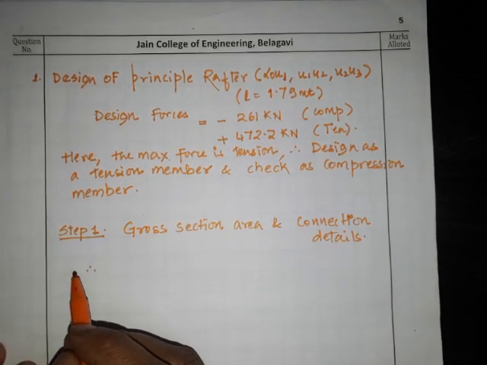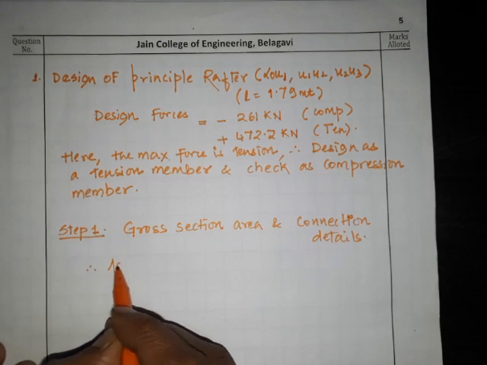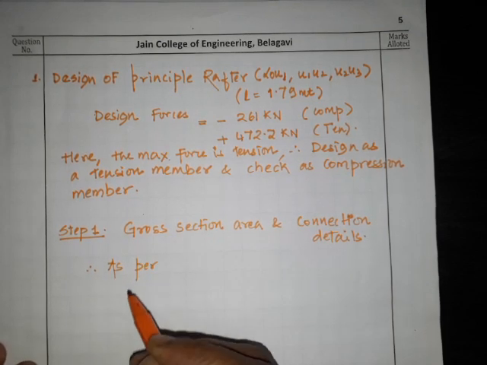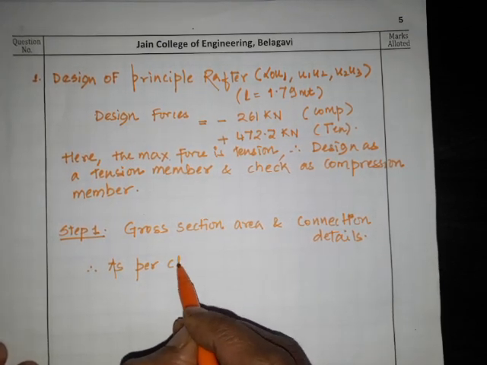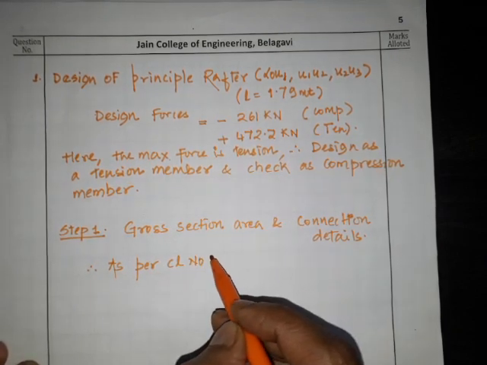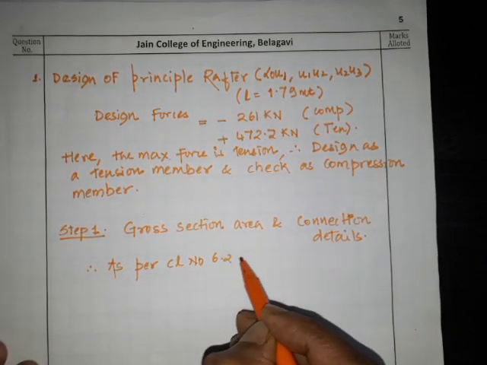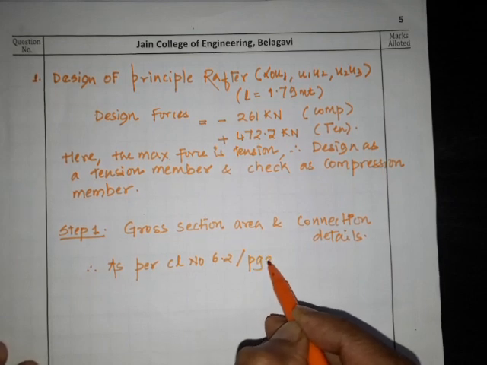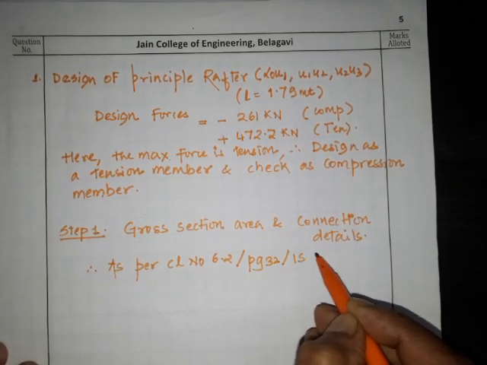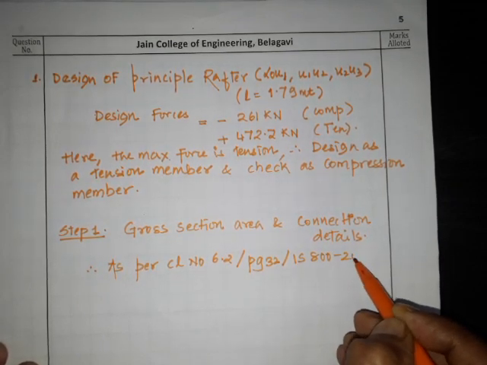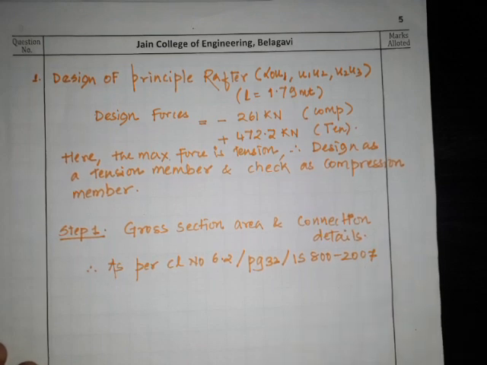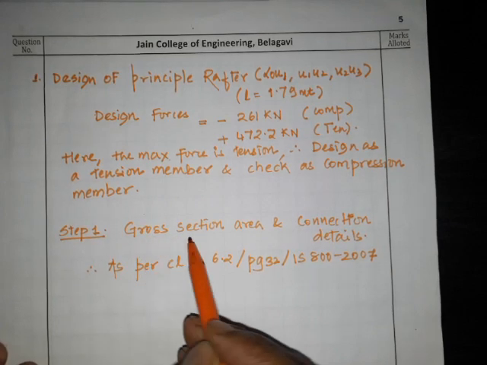Therefore, as per clause number 6.2 of page number 32 of IS 800:2007, you have to refer for the cross section area.